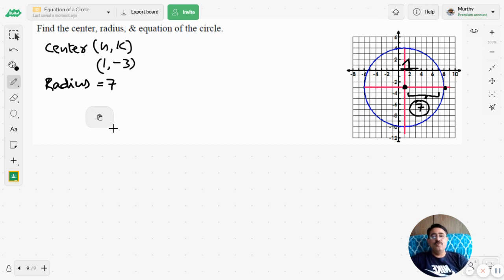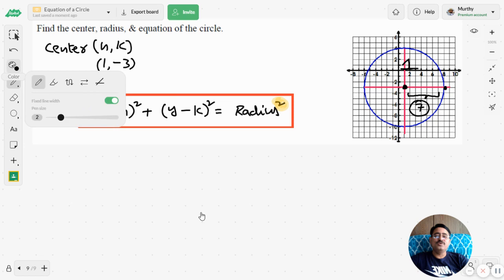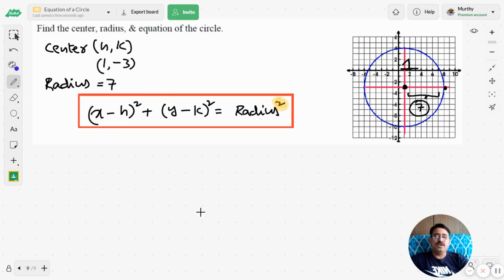Now you may write the formula. Again, I'm repeating, always write the formula so that you will never make a mistake. Now let's plug in the value of h here. You see that the value of h is 1. That value is to be plugged in here, and k value goes here and the radius goes here. Otherwise, it is same as the previous questions.